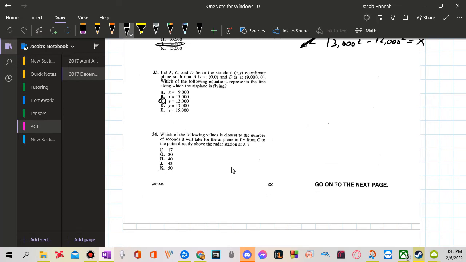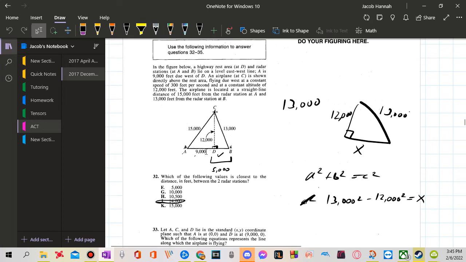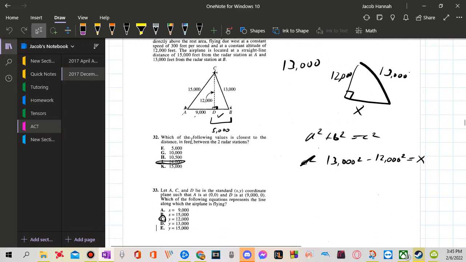Which of the following values is closest to the number of seconds it will take for the airplane to fly from C to the point directly above the radar station at A? So it's going to take 15,000 feet to get there, and it flies at 300 feet per second.